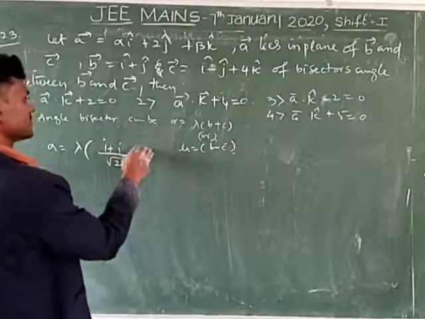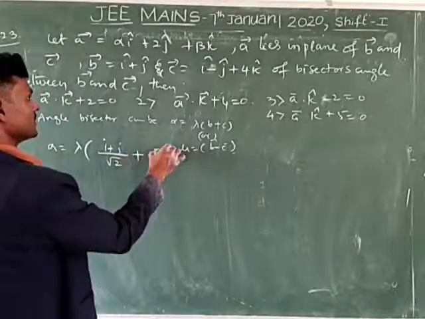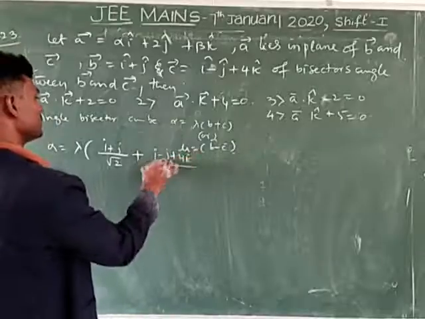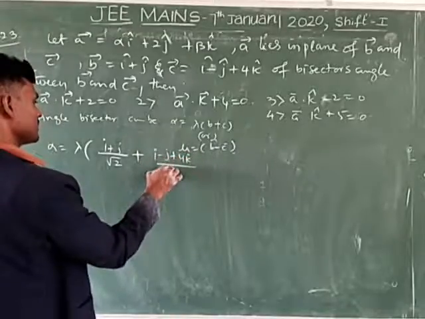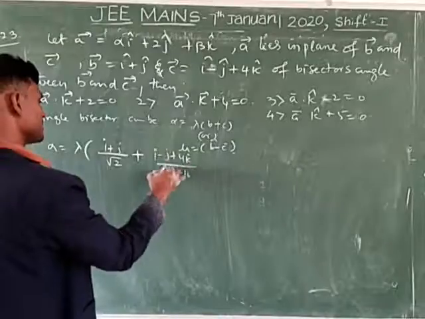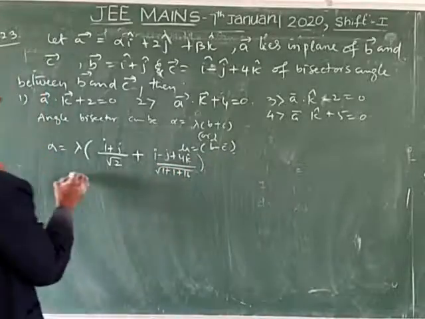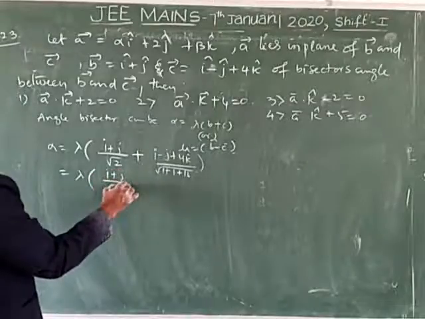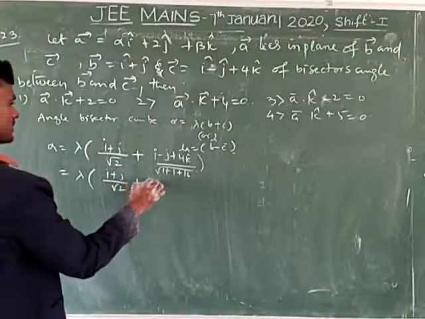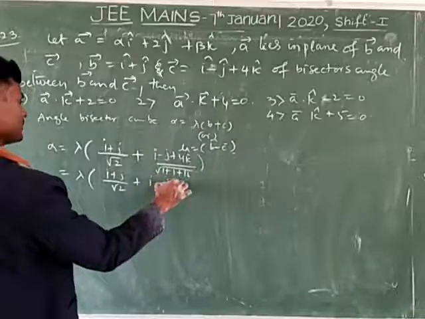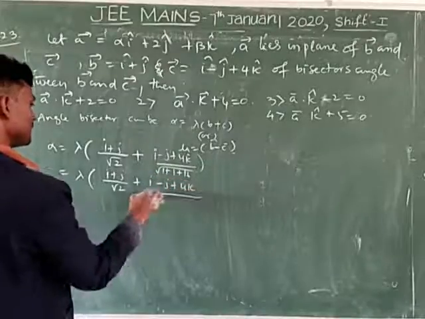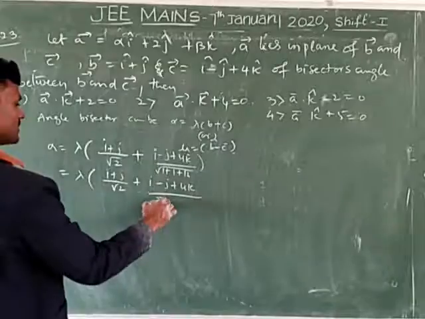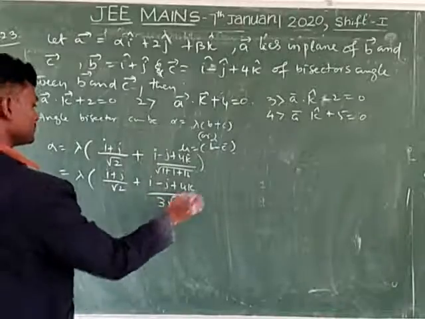Next, plus i minus j plus 4k by root of 1 plus 1 plus 16. Okay, here lambda into (i plus j by root 2 plus i minus j plus 4k by this is 18). 18 is written as 3 root 2.